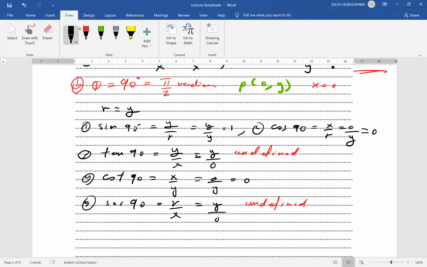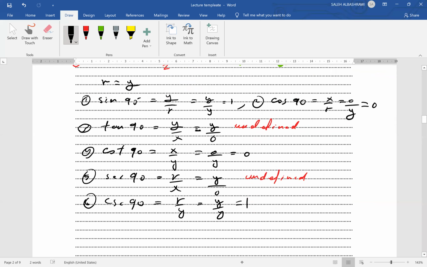And last one, cosecant of 90, which is equal to r over y, that will be y over y is equal to 1 again. So these are the 6 trigonometric function values for theta equal to 90.